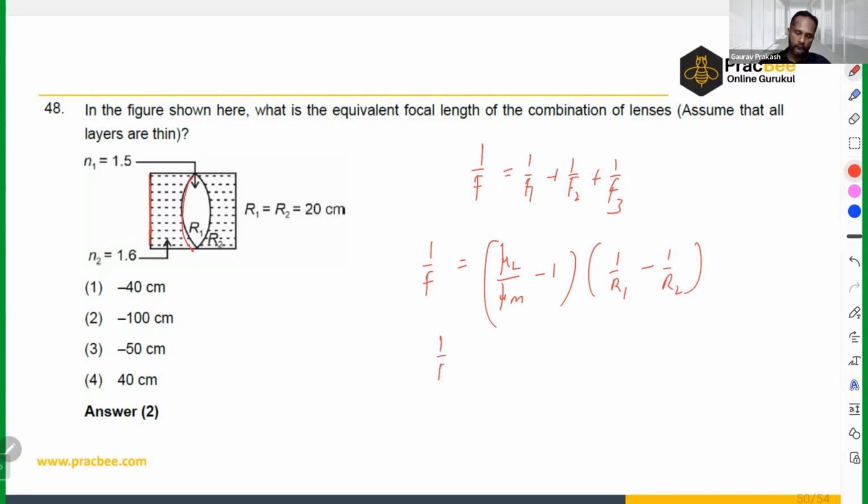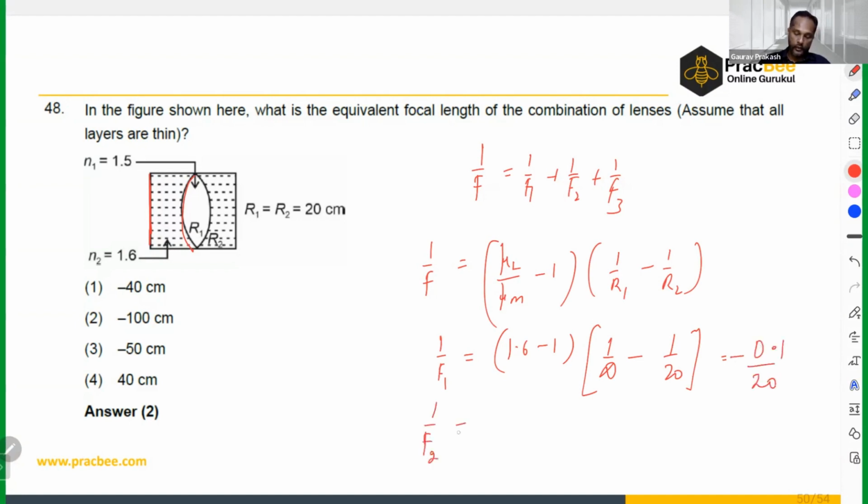So 1 by f1 we can get as 1.6 minus 1, and 1 by r1 is 1 by infinity minus 1 by r2, which is 20 centimeters. So I get an answer in negative, that is 0.1 upon 20, and it's negative.